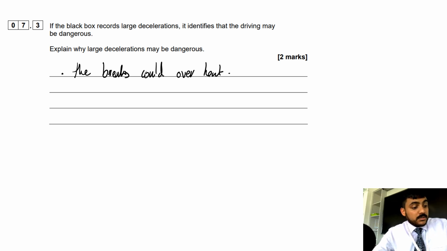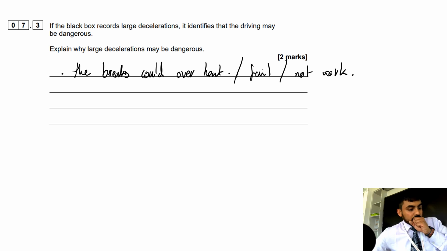They could also fail, or not work. All of those are the explanations. So if the brakes overheat, they could fail or they could not work.